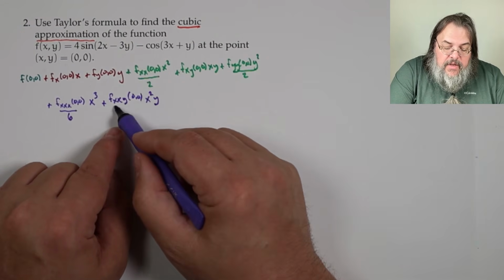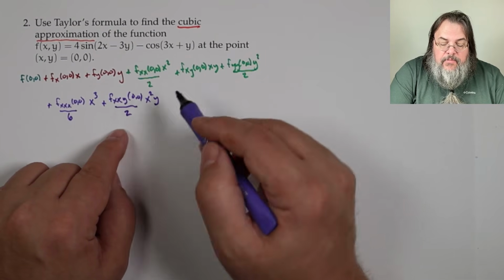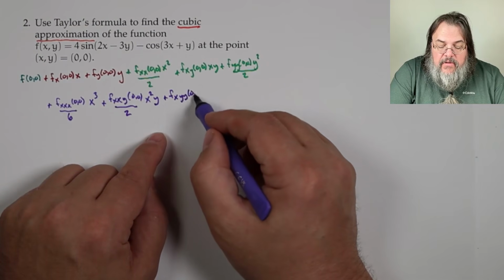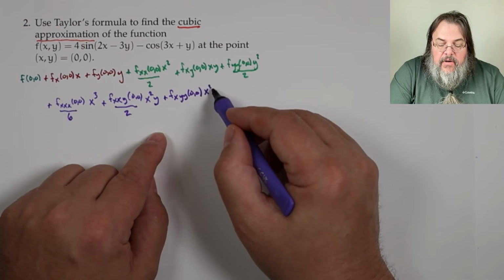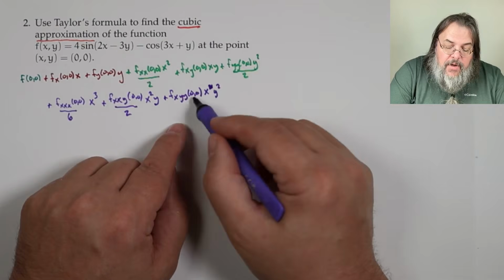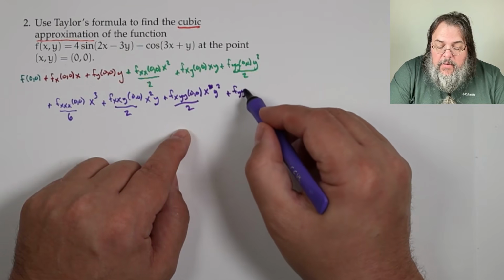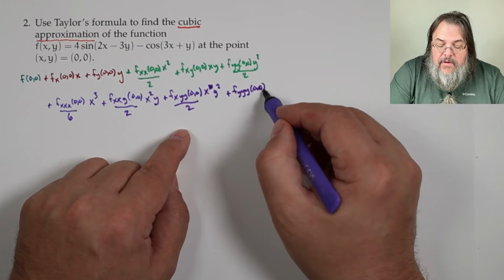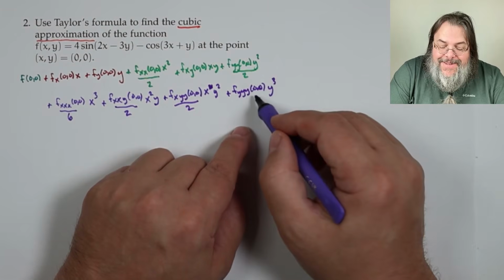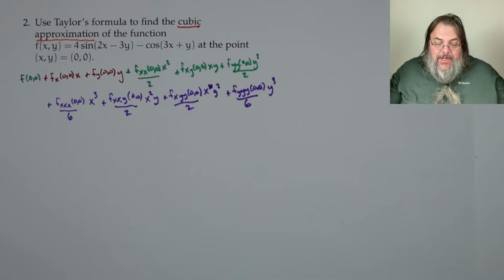And what do I need downstairs? I do need something because there'll be a 2, a 1, and a 1. So that's a 2. Plus f_xyy at 0, 0 times x y squared. Okay, but a 1, 2, 1, so divided by 2. And f_yyy at 0, 0 times y cubed, and divide by 3 times 2 times 1, divide by 6. Okay. Now, you might think, great, you're done.